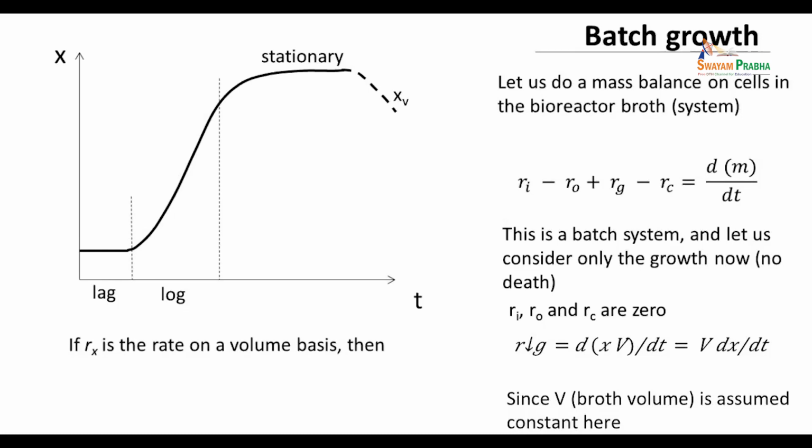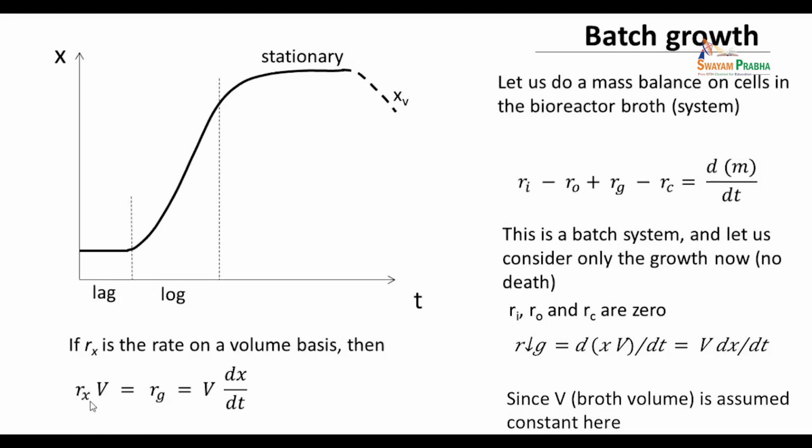Now, if Rx is the rate on a volumetric basis, again the ones that are directly measured, so we will write it in terms of them. Then Rx times V would be equal to Rg. On a concentration or volumetric basis, this is the rate. In other words, the rate of change of cell concentration with time is what Rx is.